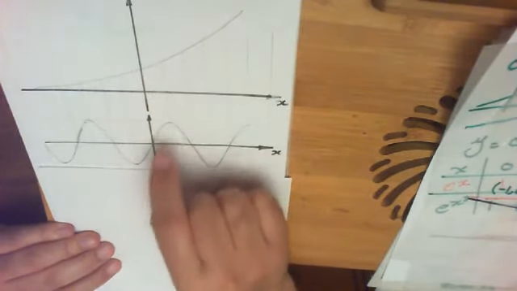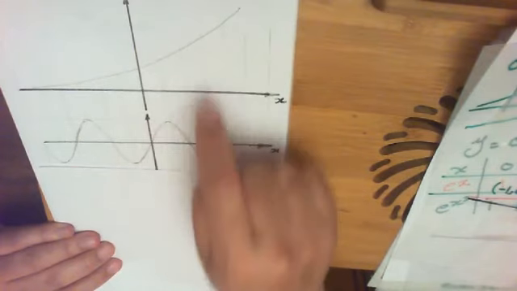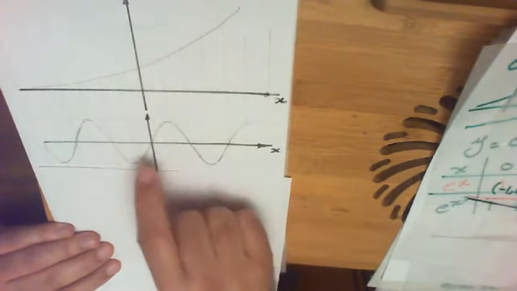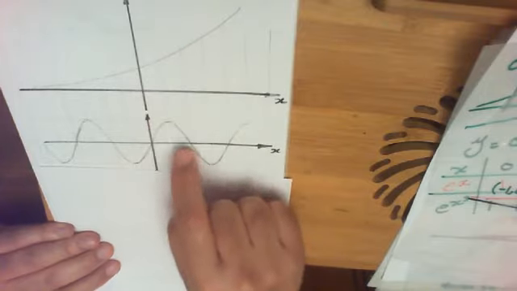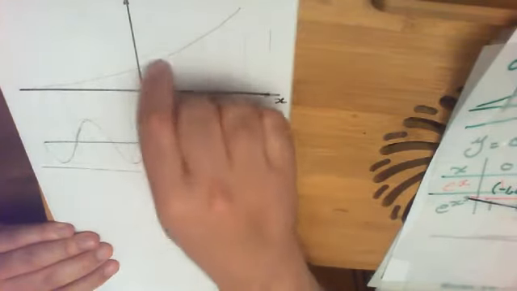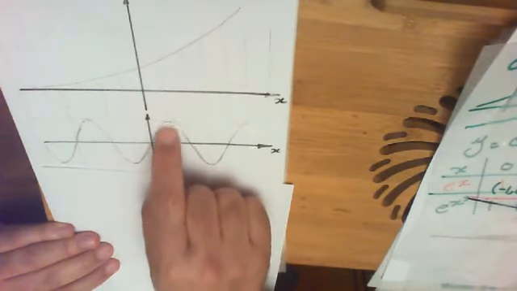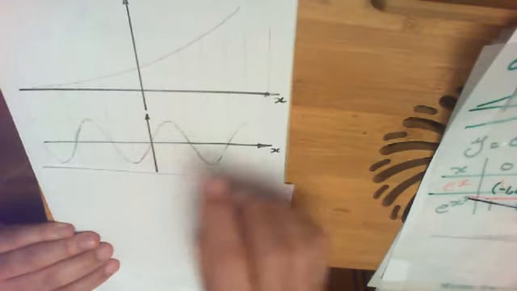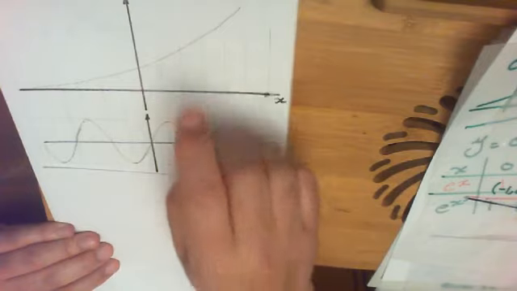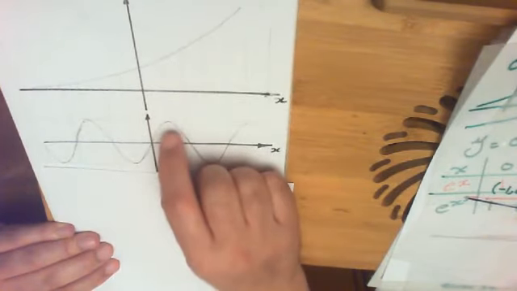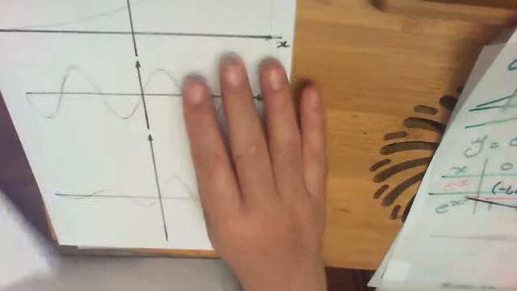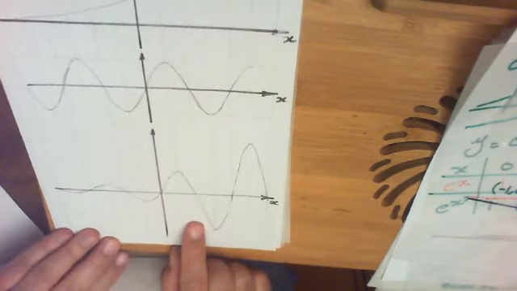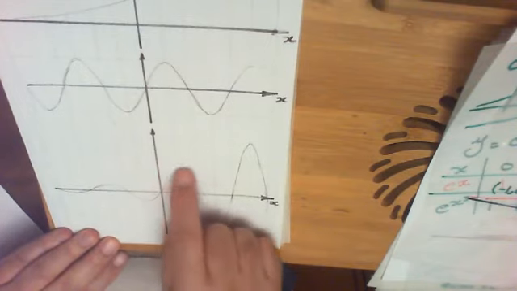Where sine is positive, the product is positive. Where it is negative, the product is negative. At some points the product is 0, and at some points the product is that of e to x, where sine x is 1 or minus 1, e to x with a negative sign. So the product will be something like this.